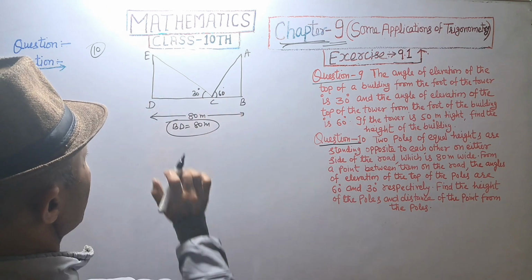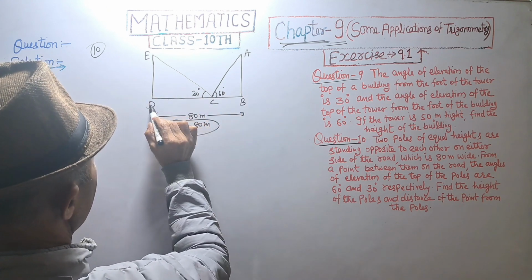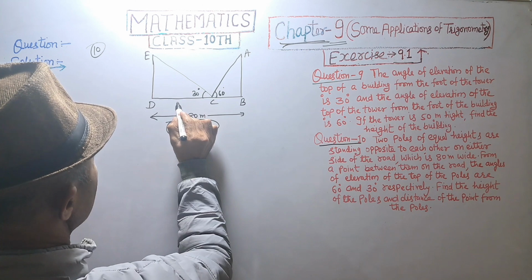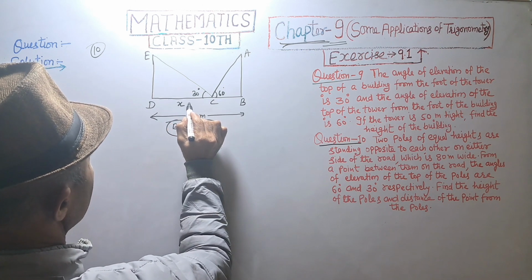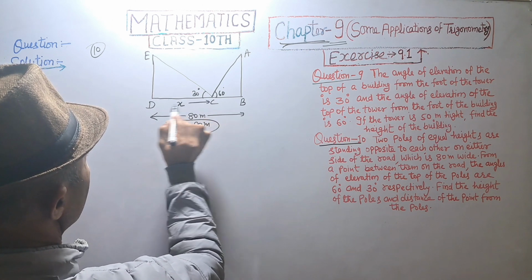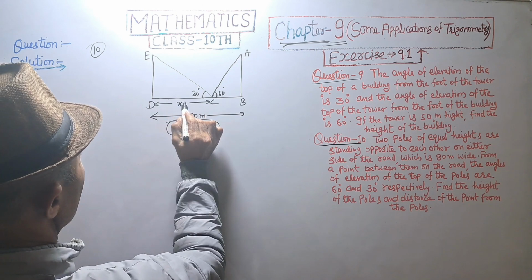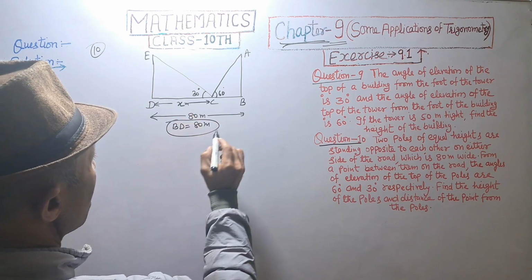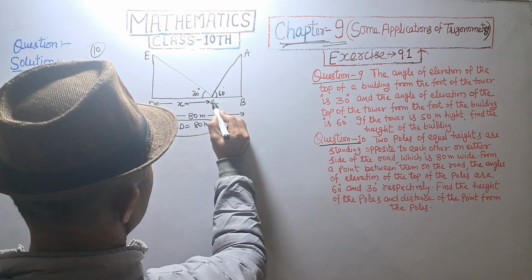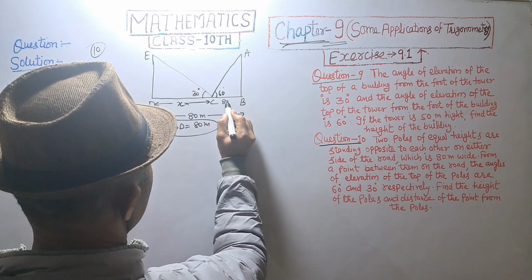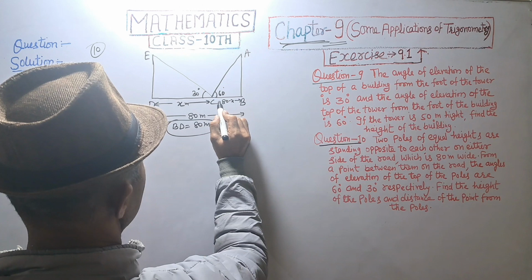BD is equal to 80 meter, and let us assume DC is X meter, and CB is 80 minus X meter.